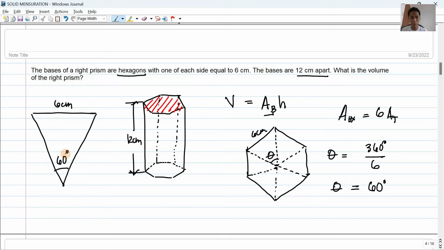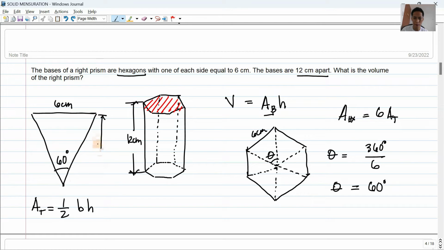Okay, so using this figure, pwede natin makompute yung area. Ano yung area ng triangle? Area ng triangle is just equal to 1/2 the length of the base, 6 yun, times height. Okay, ang height niya is ito. So, this is the height of your triangle. Okay, triangle to guys, no?